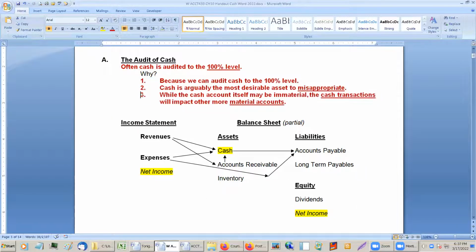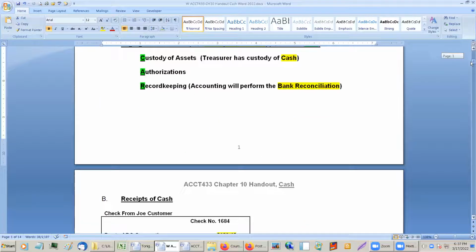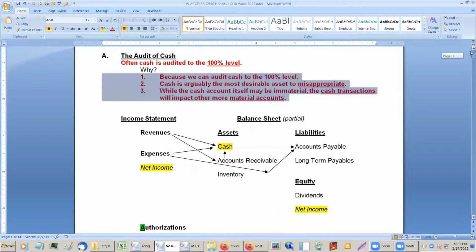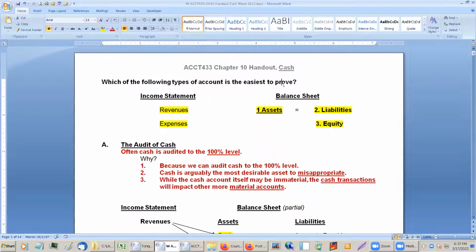And while the cash account itself a lot of times has a very small amount, virtually every single account is tied to it. You have to really think of a strange transaction that doesn't go through cash at some point. So the reason why cash is such an important account and why we spend so much time on it, even though it's not a very big account monetarily, is that it is connected to everything.